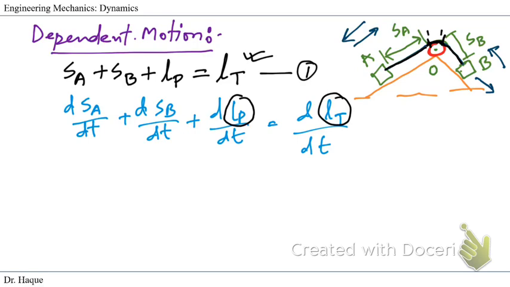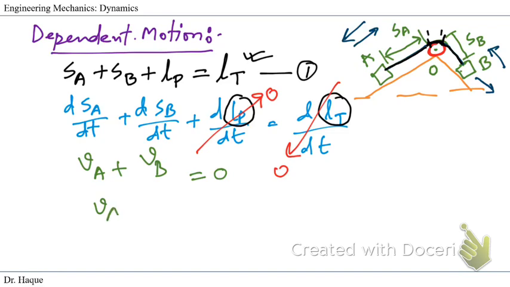So these two derivatives go to 0, and if we write the derivatives as displacement over time, which is velocity, we get VA plus VB equals 0, which leads us to VA equals negative VB.